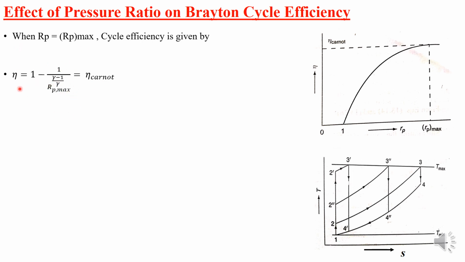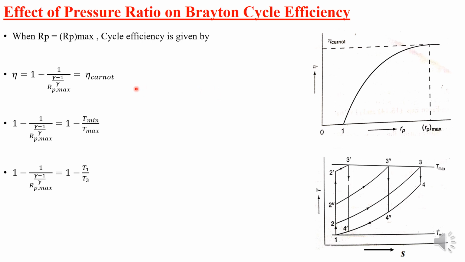Carnot efficiency is 1 minus T minimum divided by T maximum. So instead of Carnot, you can write 1 minus T minimum divided by T maximum. You can equate on a temperature basis, T minimum by T max. So 1 will get cancelled. So what will you get?